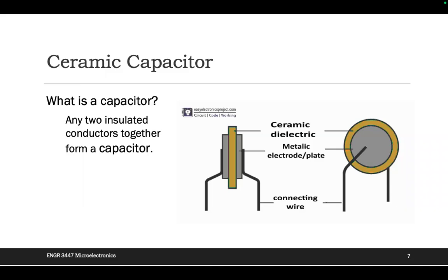You can see when you charge, the positive particles, the positive charges, just get this end, and the negative charges get this part, with the middle material between them.